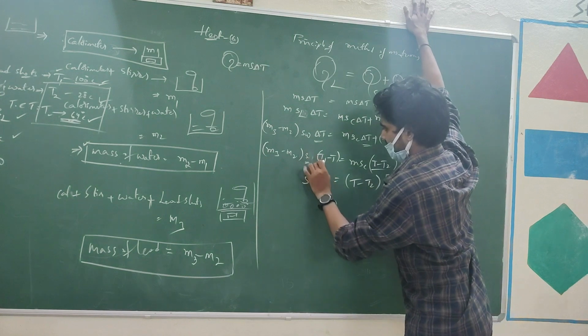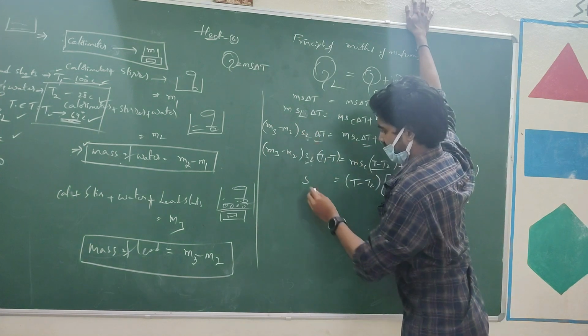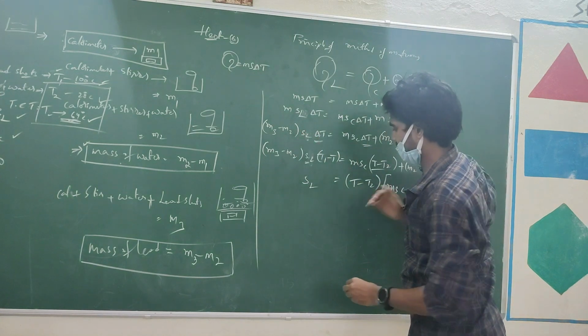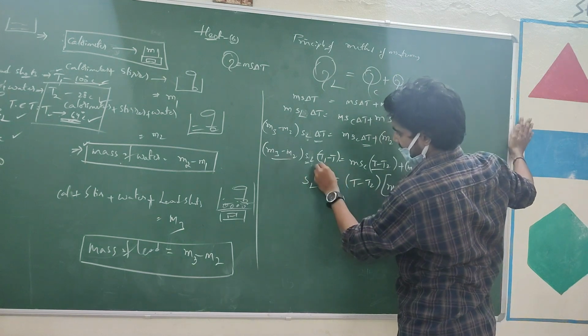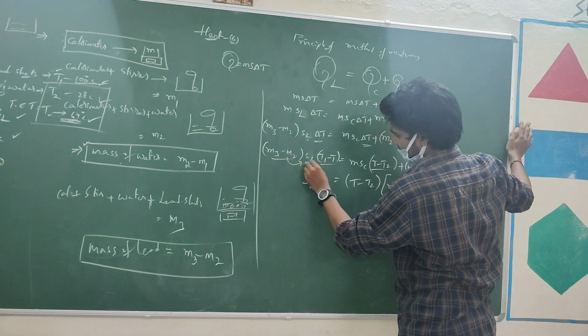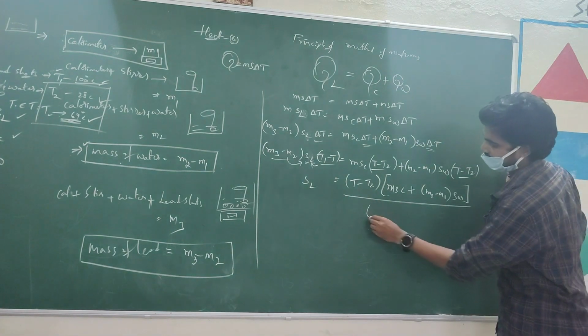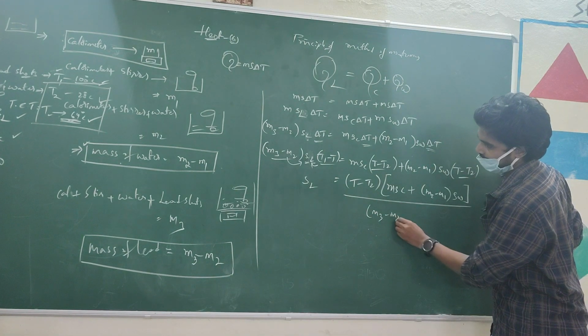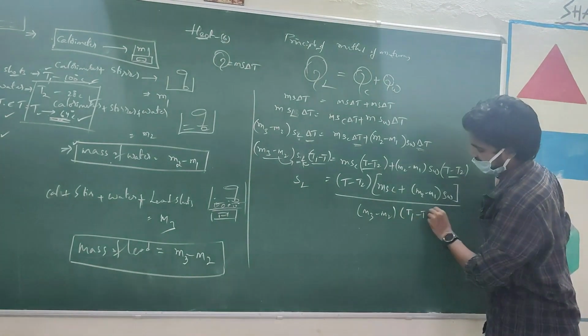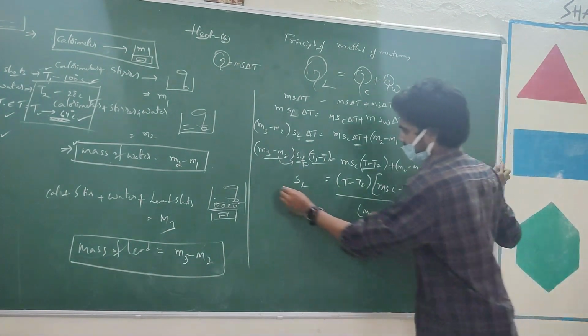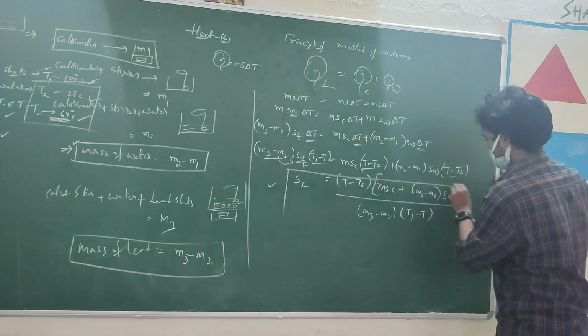Now you need to find the specific heat of lead shots. Since these two terms multiply it, I send them to the other side. What happens is it becomes m3 minus m2 into T1 minus T. So this is the required formula for the specific heat of a solid.